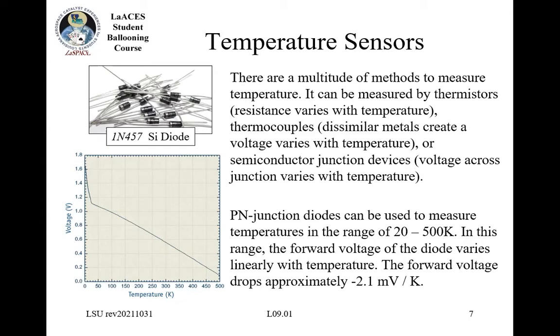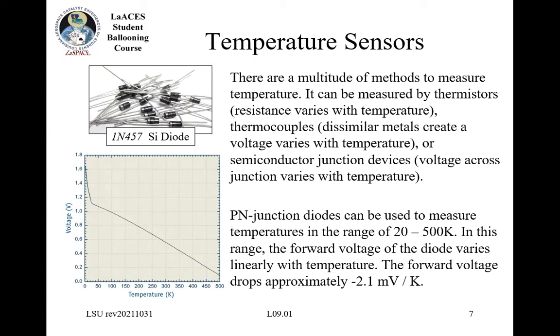In particular, a PN junction diode has a fairly linear range. You can see here we have a plot of temperature versus voltage, and you can see that we have this region where it's nice and linear. So this would be a good temperature sensor, right? Because we can easily establish a relationship between this voltage across the diode and the temperature of the diode itself.